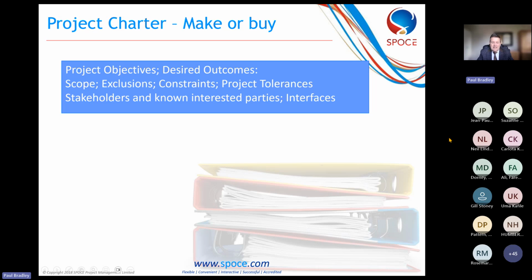Okay, so within a typical project charter, you'd have headings similar to what I've got on the screen here. You've got project objectives. Okay, so what does the project need to achieve? What are the desired outcomes? Now, outcomes from a project are the new way, the future state of working. Essentially, projects deliver an output, a deliverable, a thing.